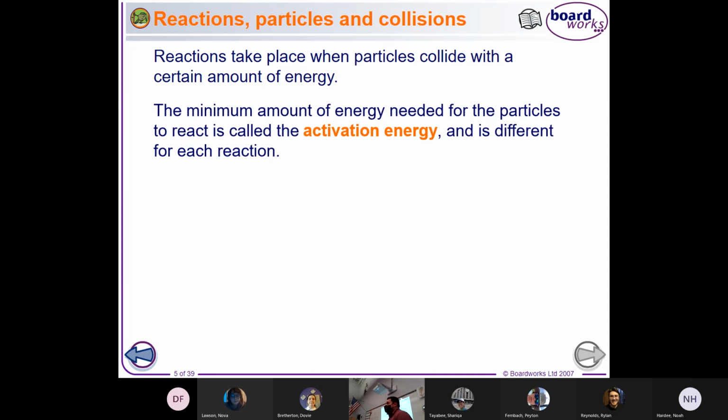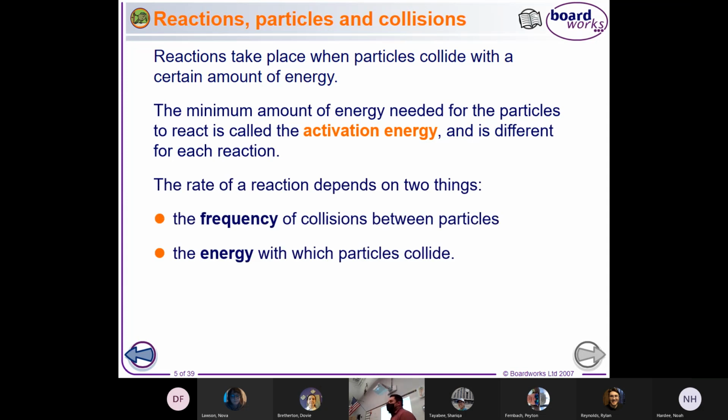And sometimes reactions require so much energy that it's not worth doing at all. Like we could do nuclear fusion, we could do nuclear reactions if we want. They require such a large amount of energy, it's not really worth it most of the time. So there are two main things that reactions require.